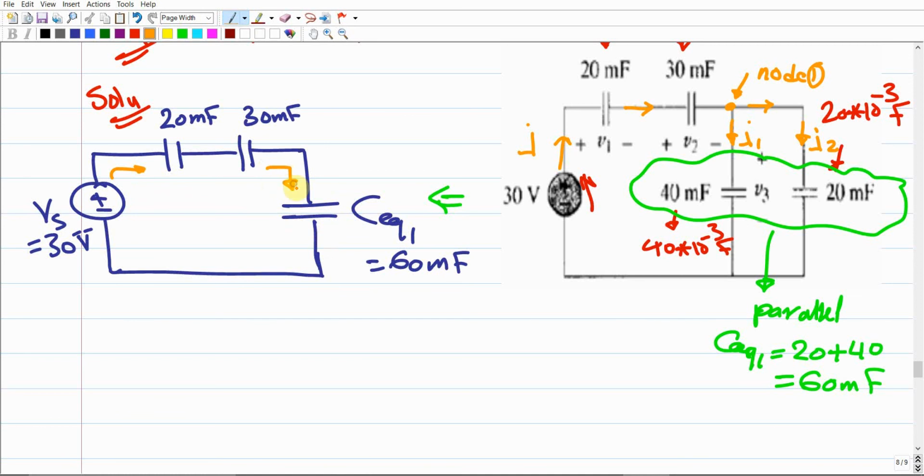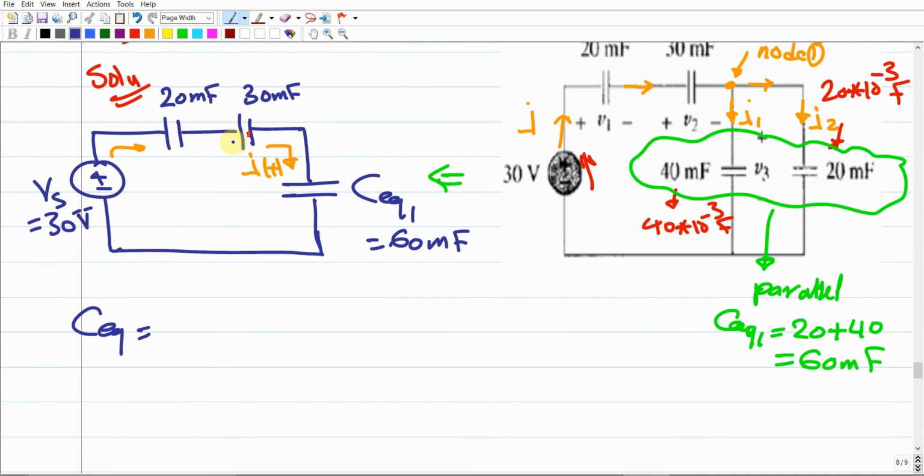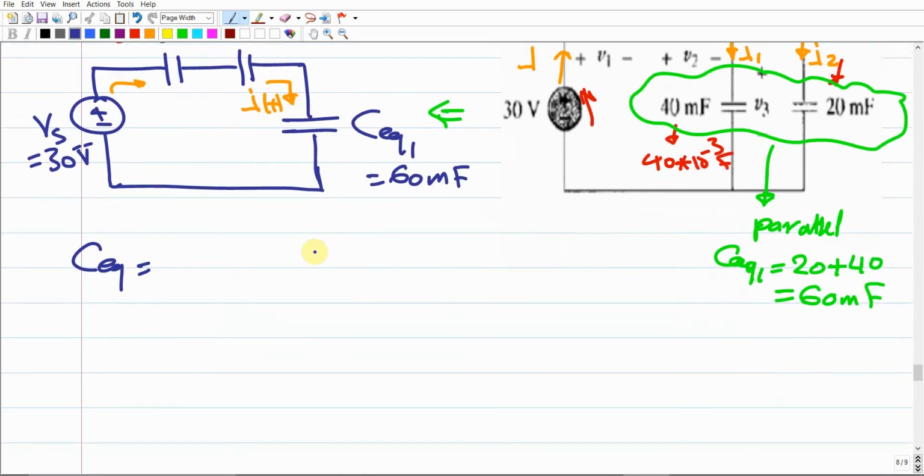And the current in this case should be the same current that's roaming over all of these electrical elements. So what does it mean? It means that this current I of t should be the same current over each element, so all of these capacitors should be in series. Since they are in series, we're gonna calculate one C equivalent, the overall equivalent of these 3 capacitors located in series.